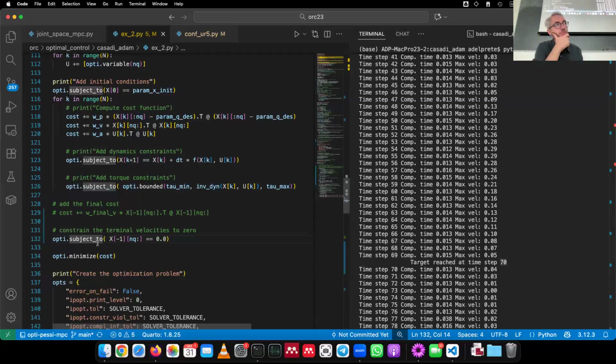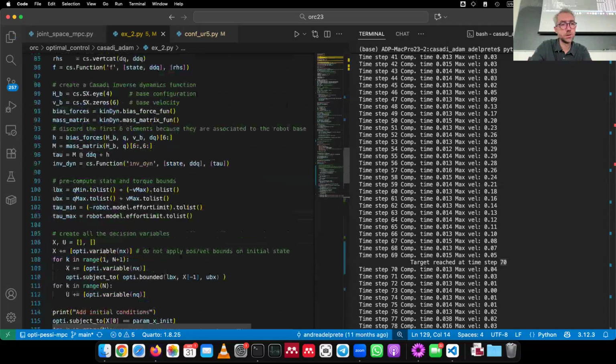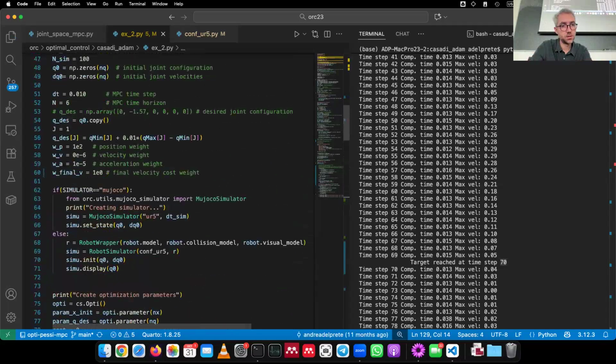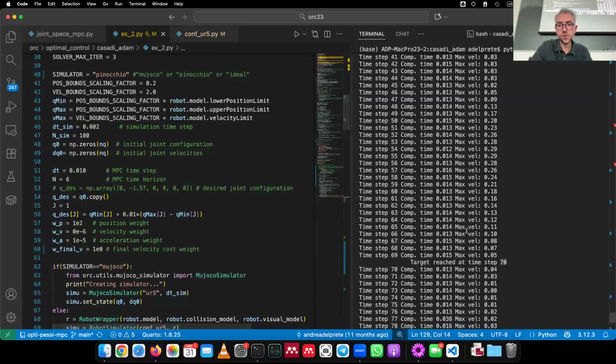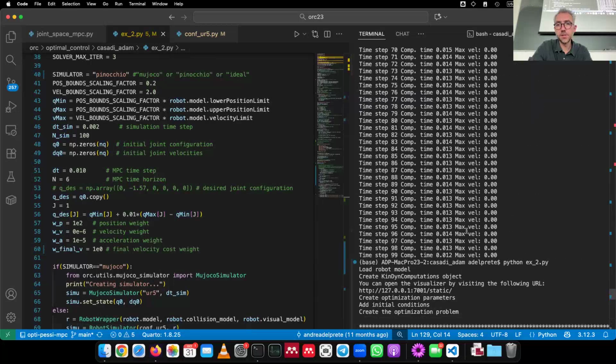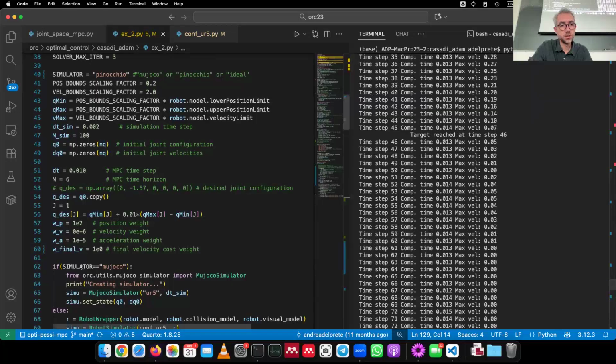Yeah. And if you try to decrease the weight of the punch cost, we can do that. It's a good idea. So before we were reaching at time step 46. Instead of 1, we could set it to 0.1. Hopefully we're gonna reach it even faster.